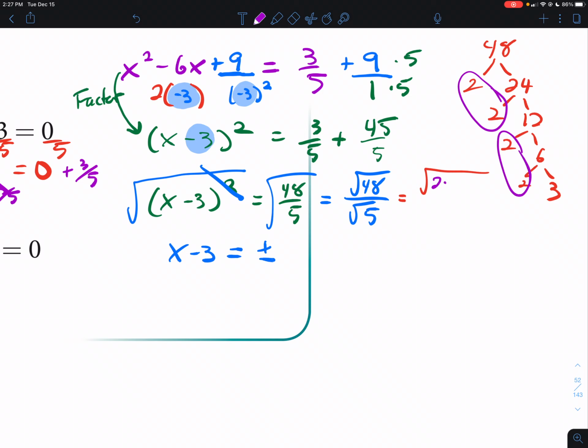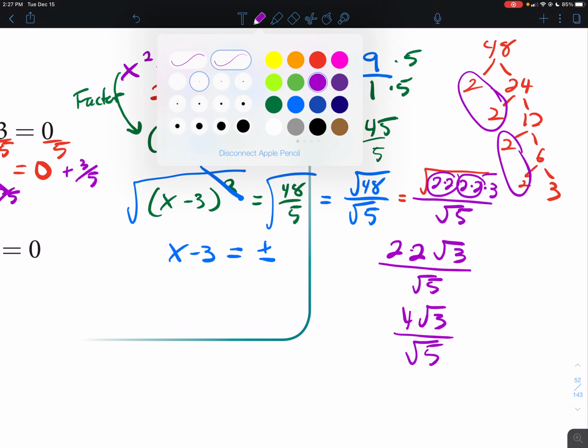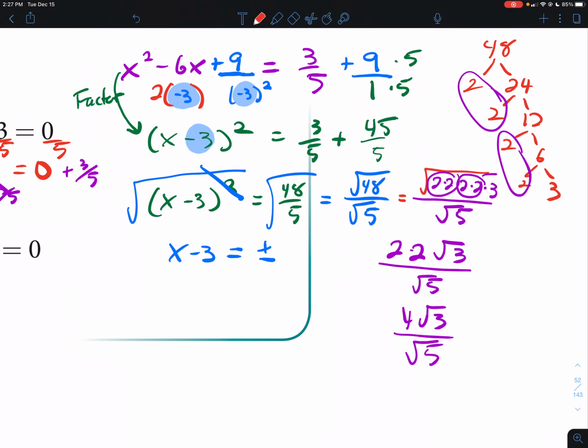So it's going to be 2 times 2 times 2 times 2 times 3 over radical 5. So I'm going to take 2 2's out because there are two groups. So 2 times 2 times radical 3 over radical 5 is going to give us 4 radical 3 over radical 5. I could have skipped some steps in there, but I wanted to make sure I showed you.